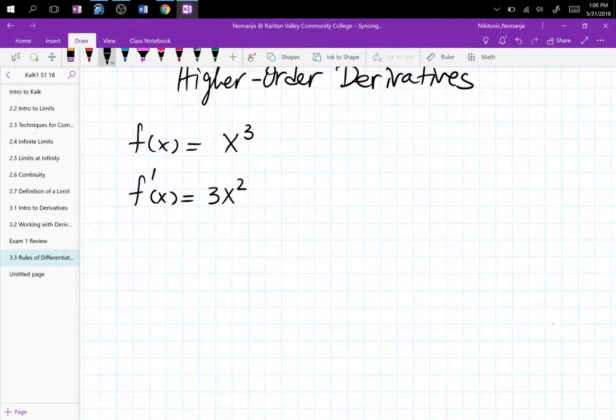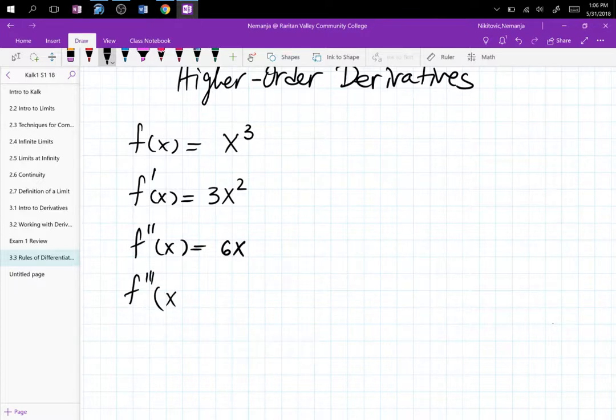Now, if I want to go to the next level, I will take another derivative of the first derivative, arriving at the second derivative, and now this one is 6x, because the derivative of x squared is 2x, and 2x times 3 is 6x. So all I did is I took the derivative of the derivative, and then what I got is the second derivative. The third derivative will have 3 tick marks. Surprise, right? And as we take the derivative of 6x, we get 6.